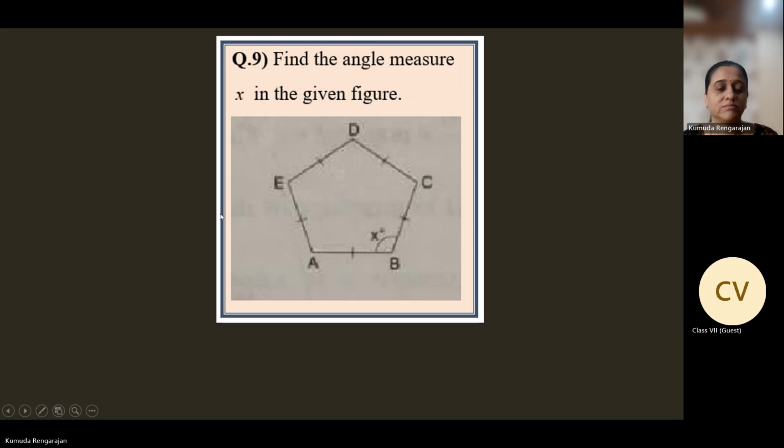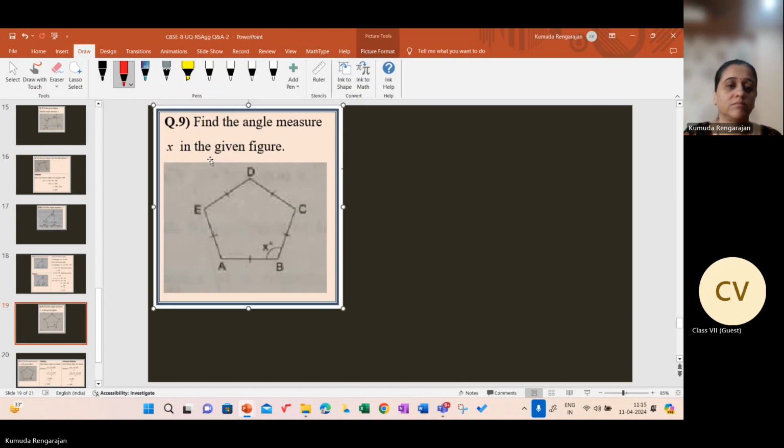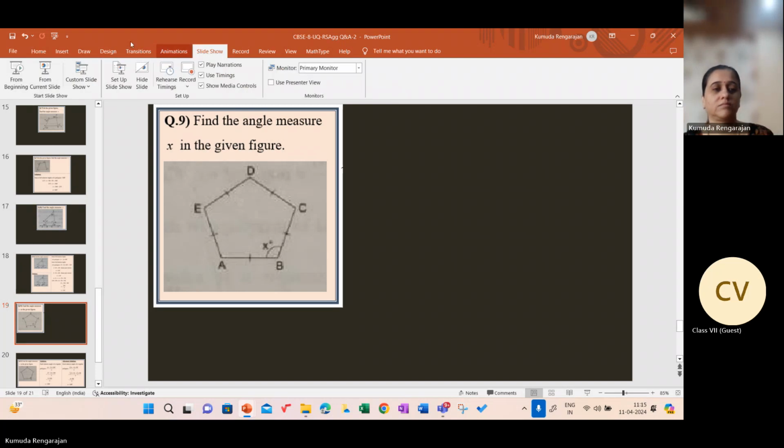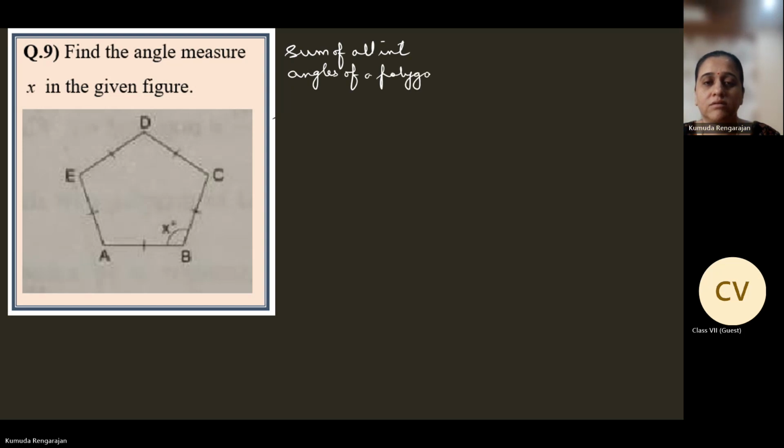Do it here. So sum of all interior angles of a polygon is given by the formula n minus 2 into 180 degrees.